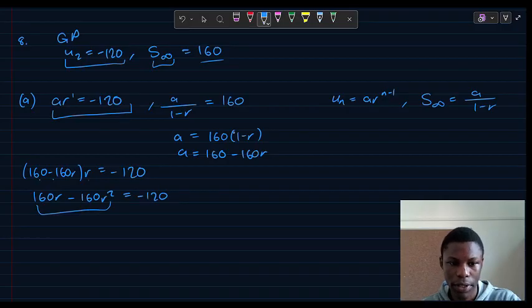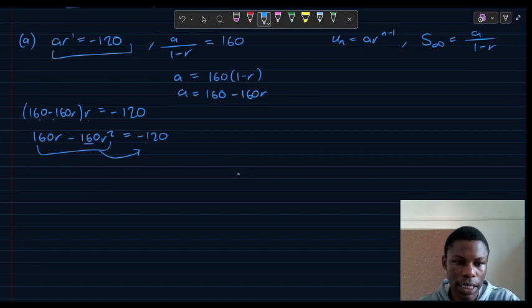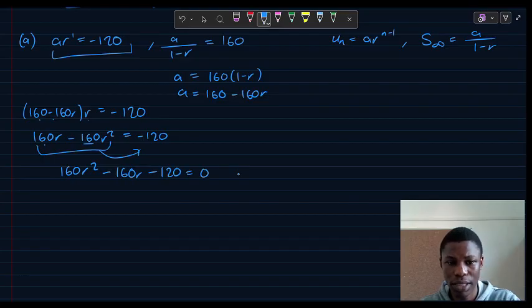I'll move everything to the right hand side because I want the coefficient on R squared to be positive. So that becomes positive 160R squared. This becomes negative 160R. And our negative 120 is equal to 0. We can divide through by, what is it?